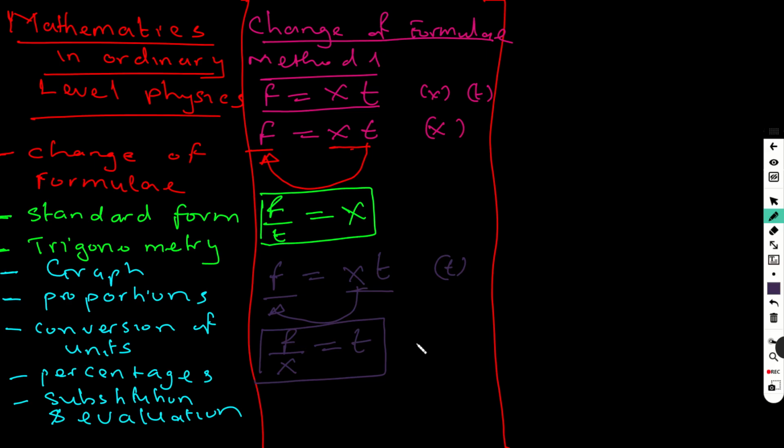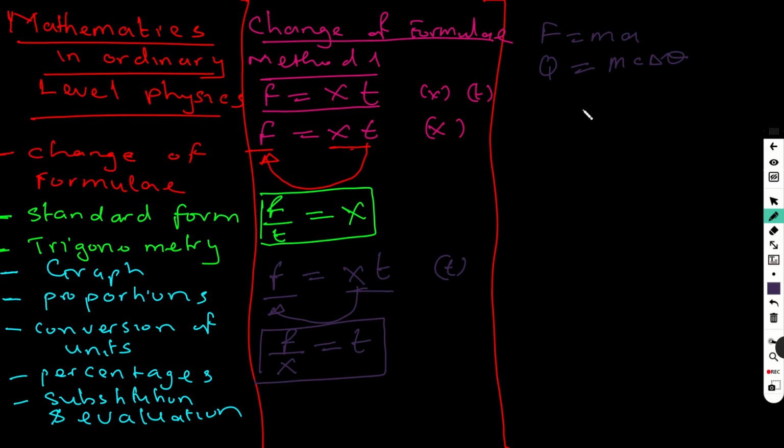And we have various equations in physics that have this format. For example, we have F is equal to ma. That's an equation in physics. We have heat is equal to mass times specific heat capacity times change in temperature.